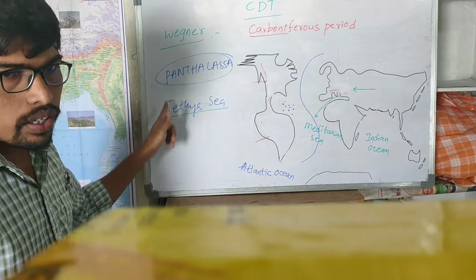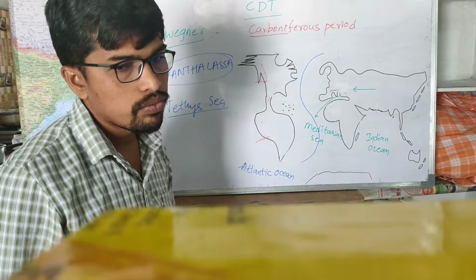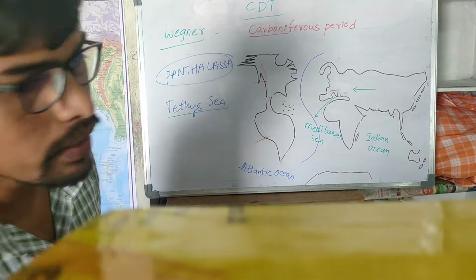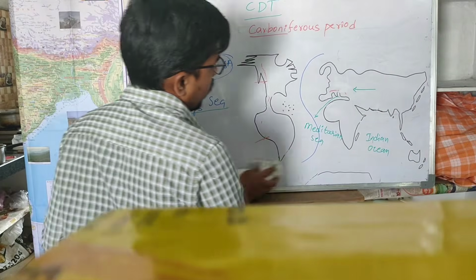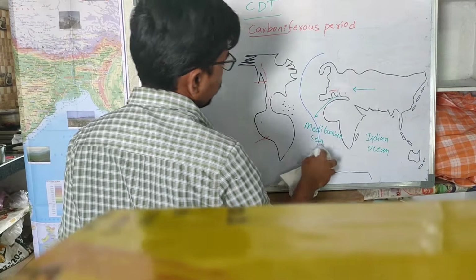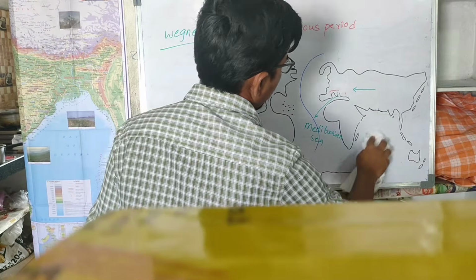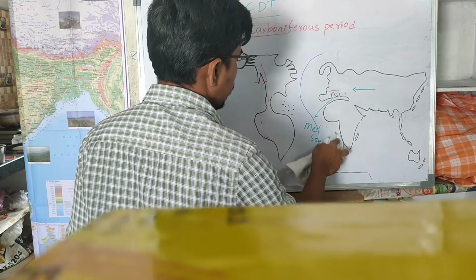So how the mountains are forming, how the oceans are forming, how the islands are forming are explained by Wegener's theory. After this, Wegener explained another concept, the Carboniferous glaciation.